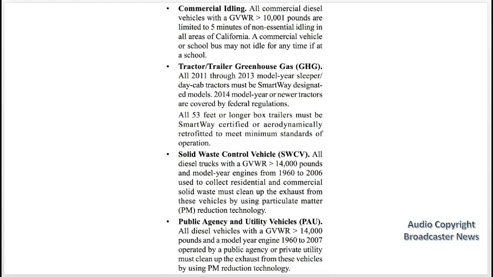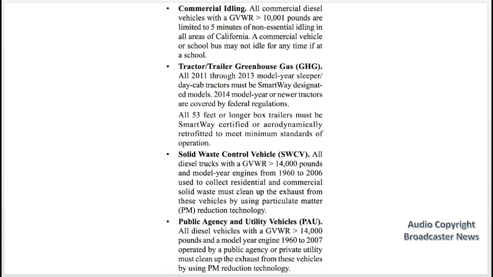Solid waste collection vehicle. All diesel trucks, 14,000 pounds or more, and model year engines from 1960 to 2006, used to collect residential or commercial waste, must clean up the exhaust from these vehicles by using particulate matter reduction technology. Public agency and utility vehicles.